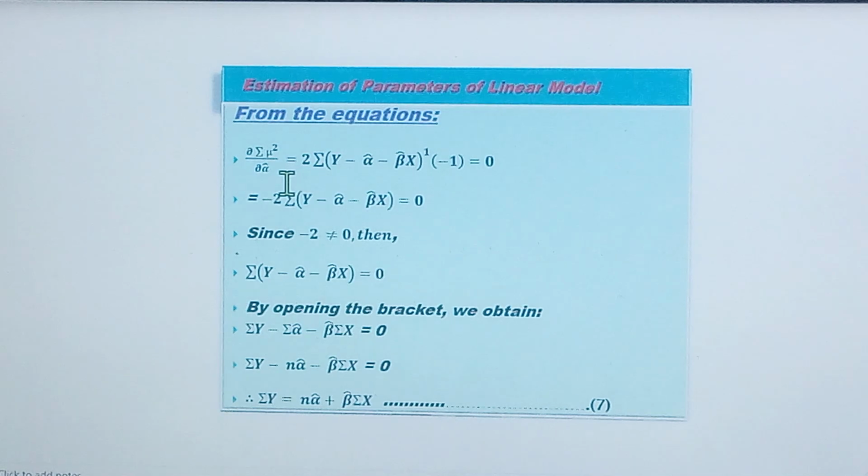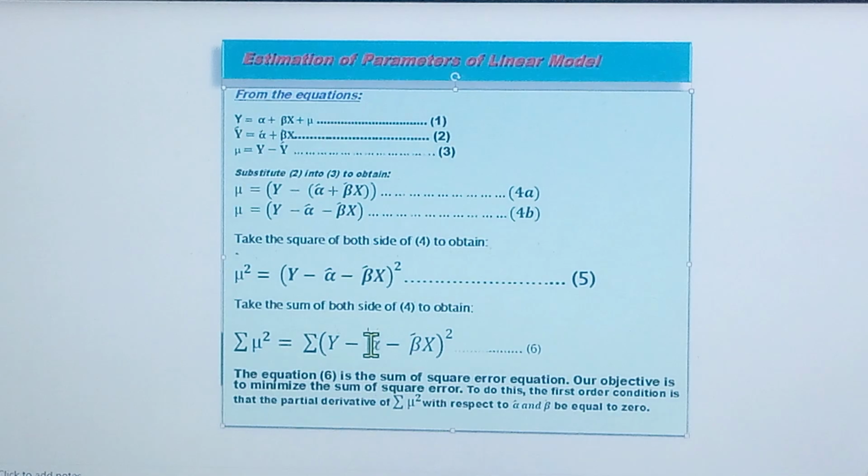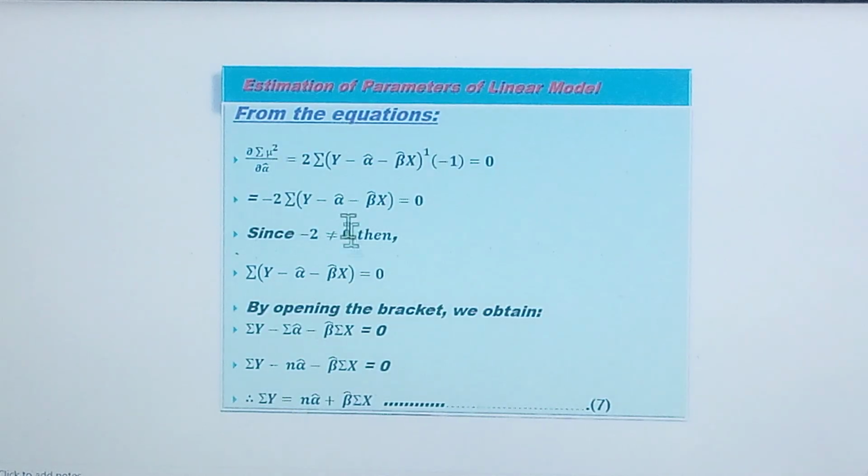So this is the partial derivative of mu square with respect to alpha cap, and of course this is what we are going to have. We know the principle of differentiation: we multiply the power by everything raised to that power minus 1, and then we multiply again by the coefficient of alpha cap, since we are taking the derivative with respect to alpha cap. That is what we have done here.